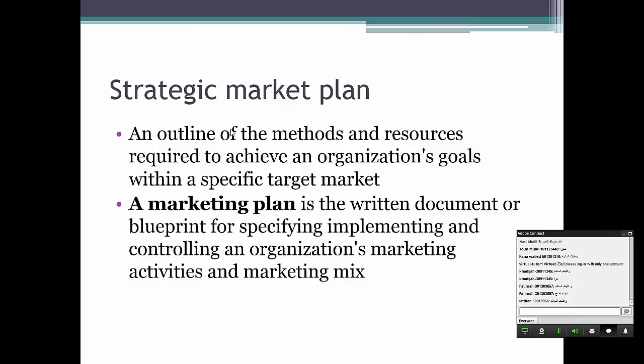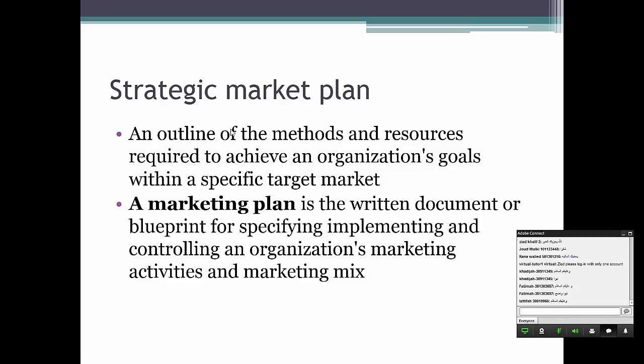Whereas the marketing plan is the written document that shows the roadmap, or what we call here the blueprint for our business. And by the way, the marketing plan is one of the most important plans that the business should develop in the first month of creating the business.